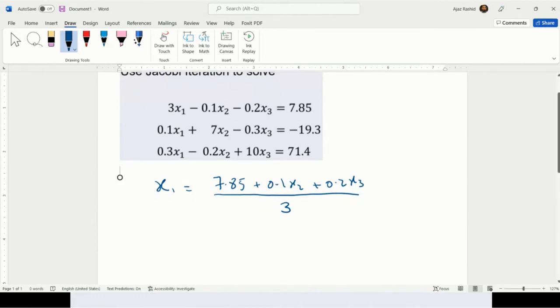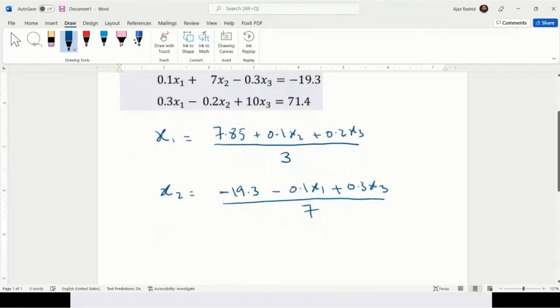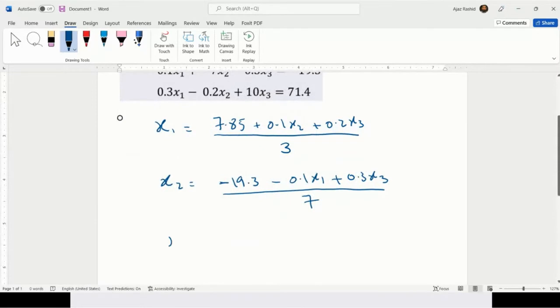Then the second equation, we can use it for x2: x2 is minus 19.3 minus 0.1 x1 plus 0.3 x3, divided by 7. And then x3 you can get from the third equation: 71.4 minus 0.3 x1 plus 0.2 x2, over 10.